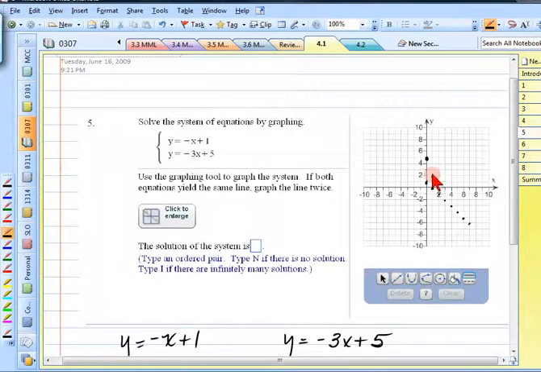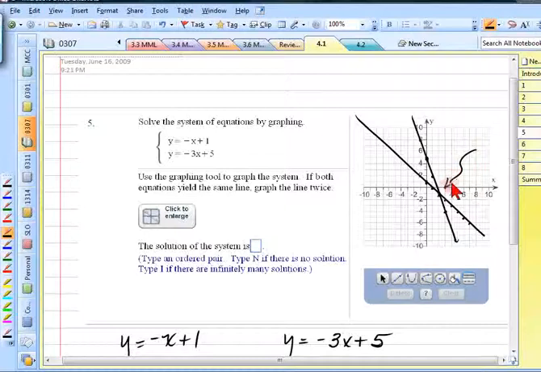And if I repeat that, down 3, right 1, I lost my first line, didn't I? Where did it go? There's my second line.